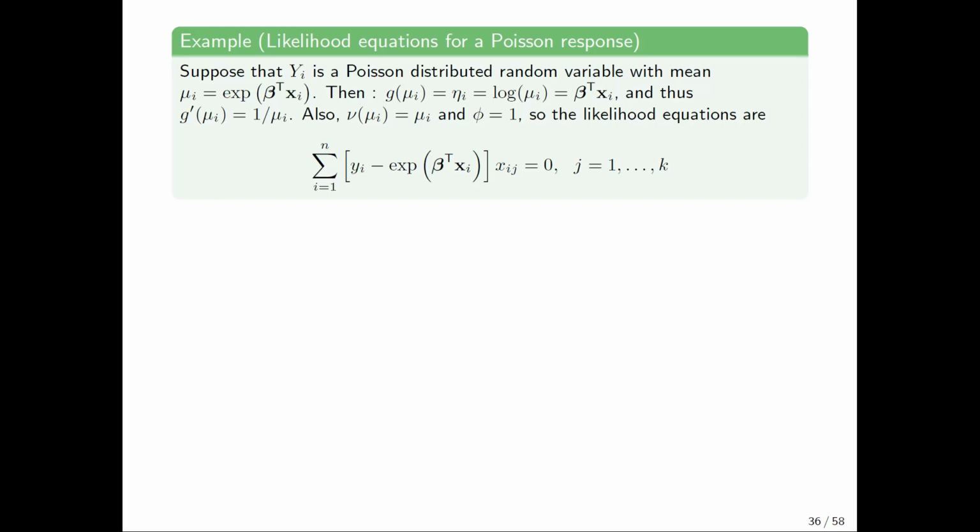Again, the pieces cancel neatly and the likelihood equations are simply the sum of (y_i minus the exponential of the linear predictor) times x_ij set equal to 0. So notice the common structure across all three: the observed response minus its model mean, weighted by the covariates.